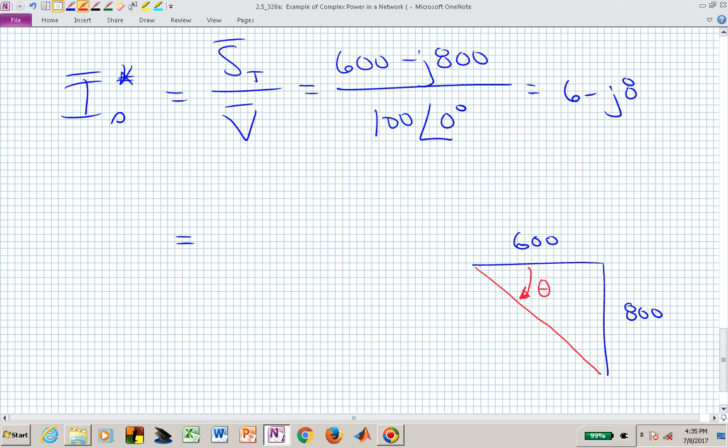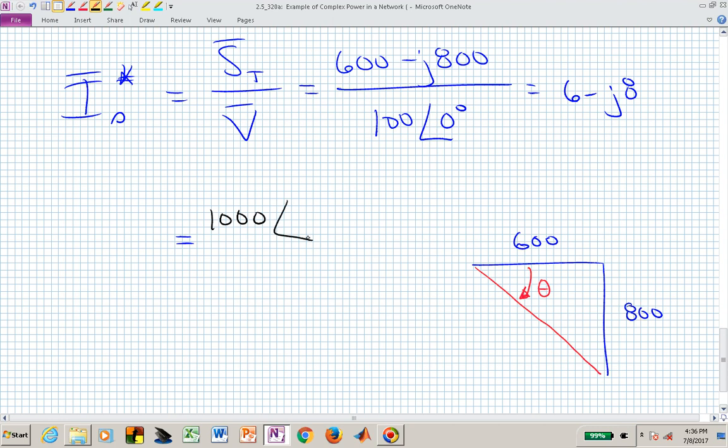If we do that, I think it's clear that the amplitude of that hypotenuse is 1,000, with a 6-8-10, or 3-4-5 triangle effectively.